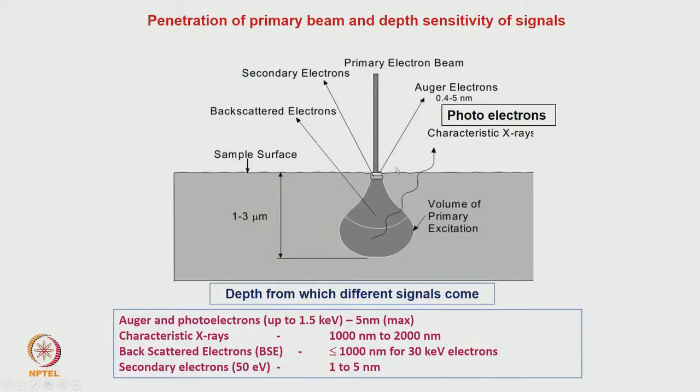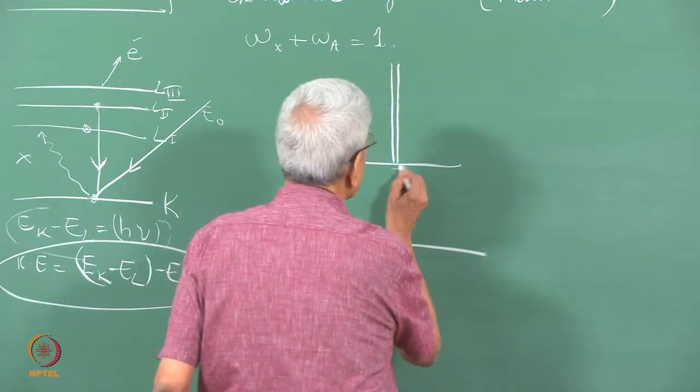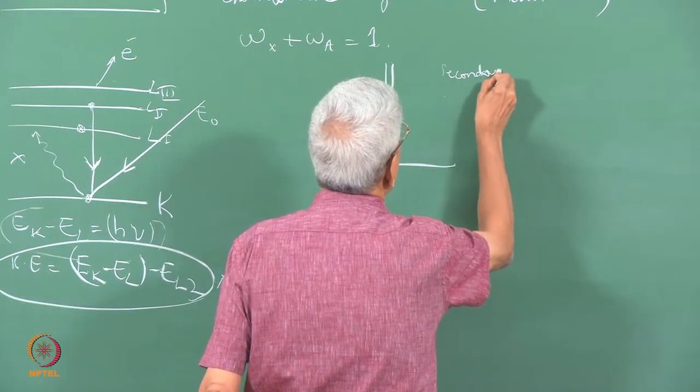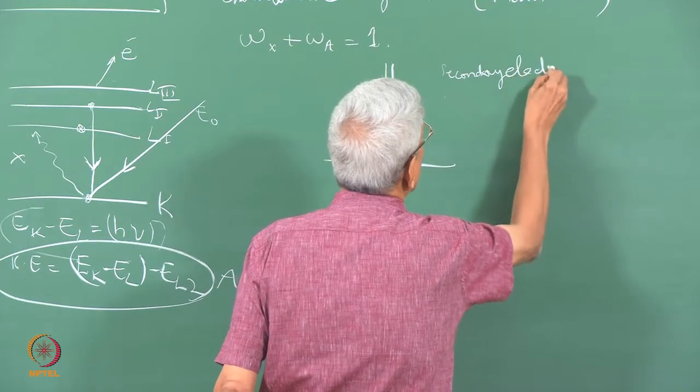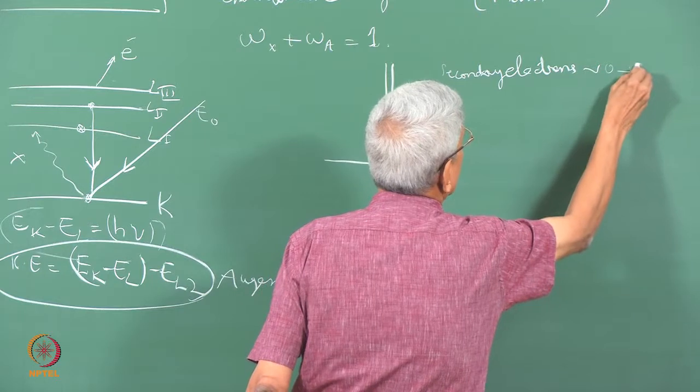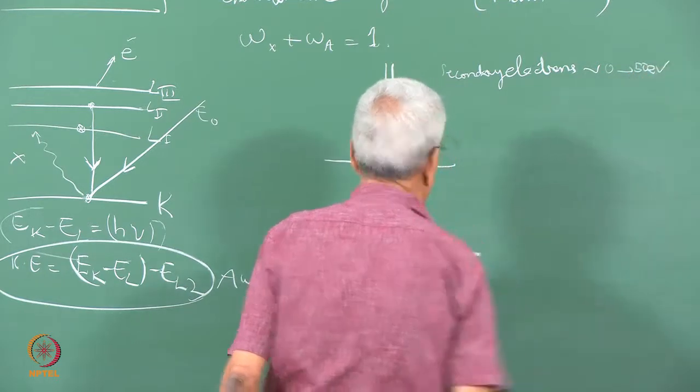Generally the secondary electrons are emitted almost right from the surface, and their energy is of the order of 0 to 50 electron volts maximum.